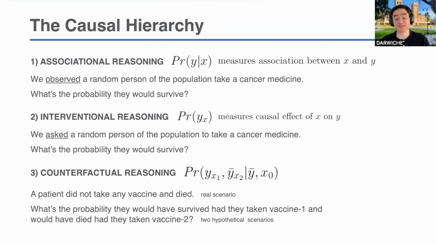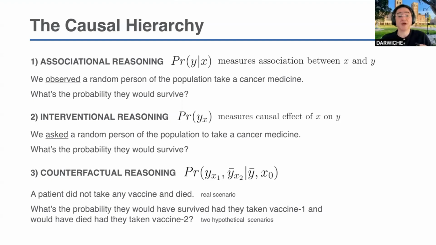So now we have three scenarios. Variable X has three values, X0, X1, X2. This means did not take any vaccine and died. And now I'm asking, they would survive if they took vaccine 1, they would not survive if they took vaccine 2. So a real scenario and two hypothetical scenarios, and they're all in conflict with each other. We will actually end up using these kinds of more involved counterfactual reasoning, just to let you know what's going to happen.